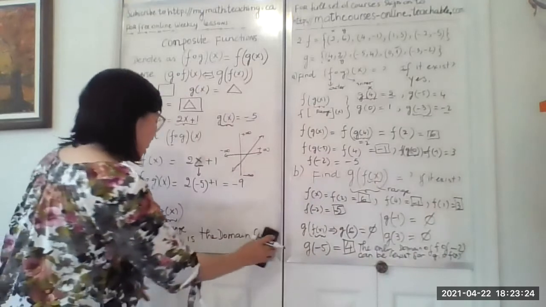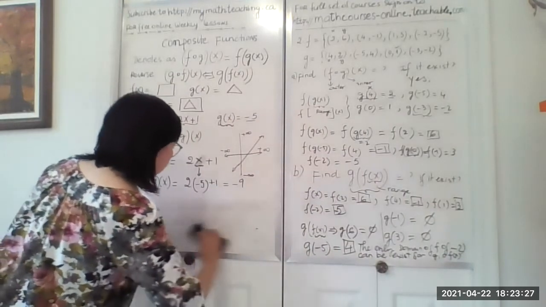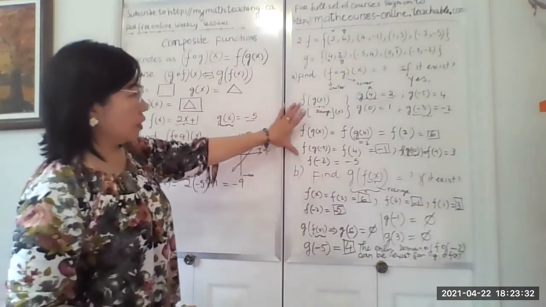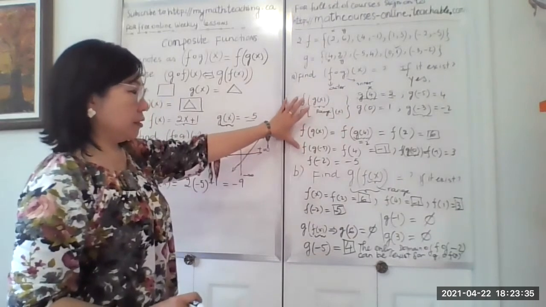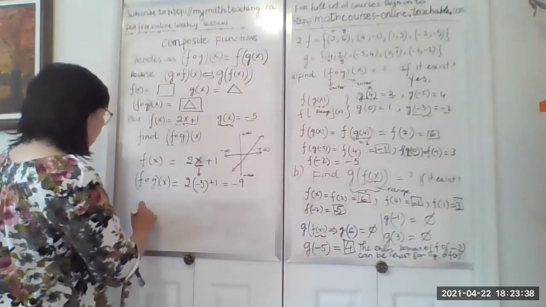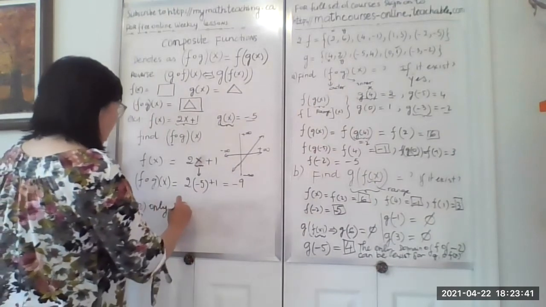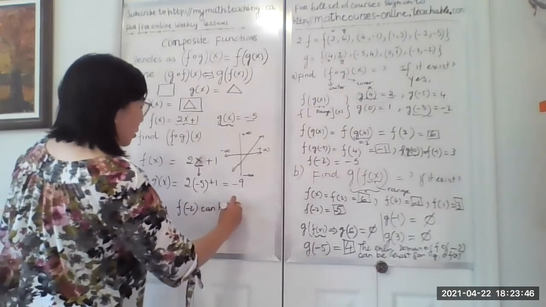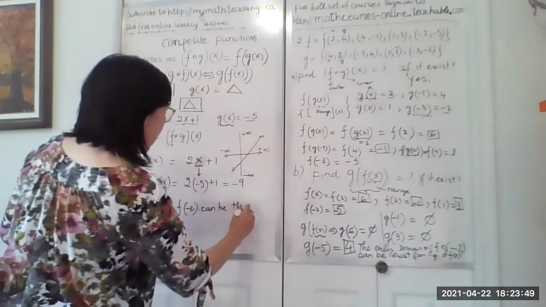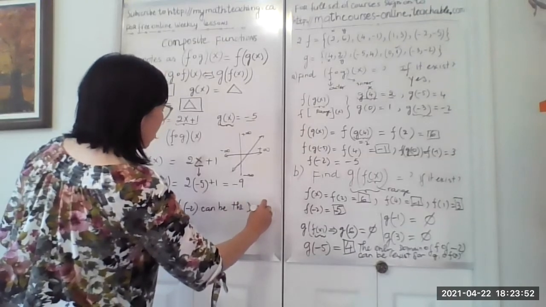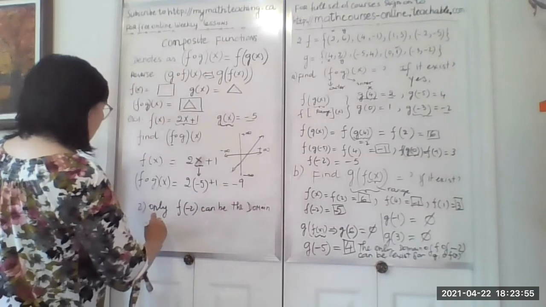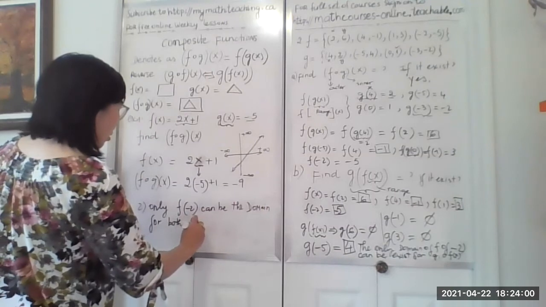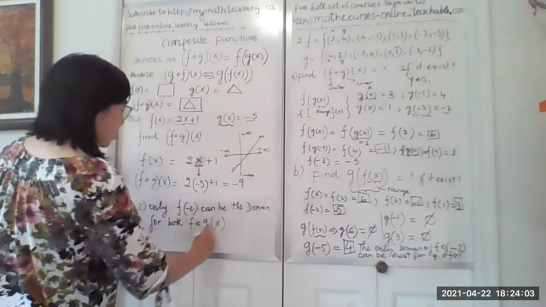It's a little bit jammed here, so I'm going to write here. For the second question, now you can see it is different, right? For the first question, all of the values are as it. But for the second question, we say only f of minus 2 can be the domain for both f and f of g of x, right?